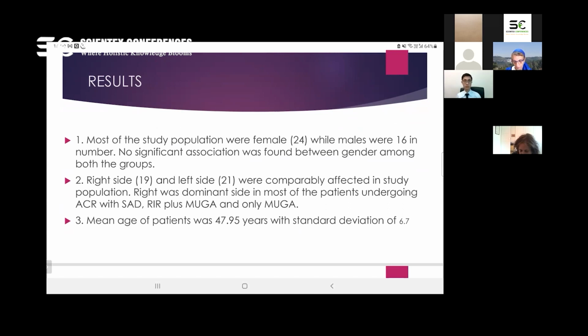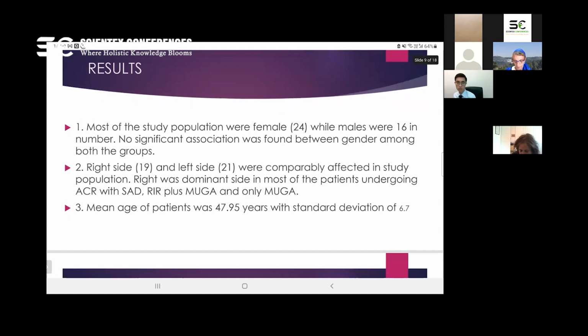Frozen shoulder is more common among females, but gender has no role in predicting the outcome of our treatment. We also observed that it is more common on the non-dominant side rather than the dominant side.